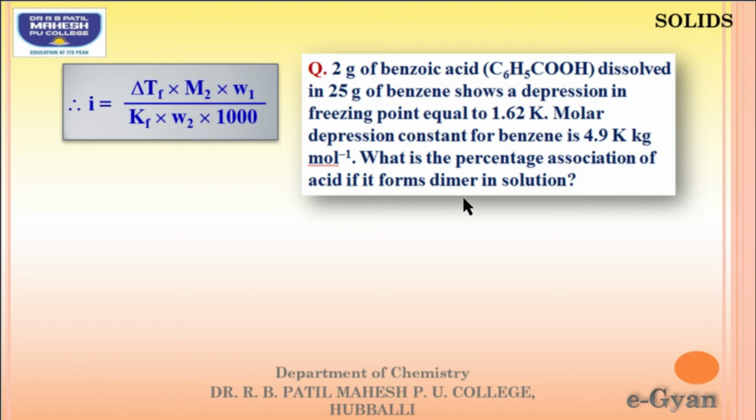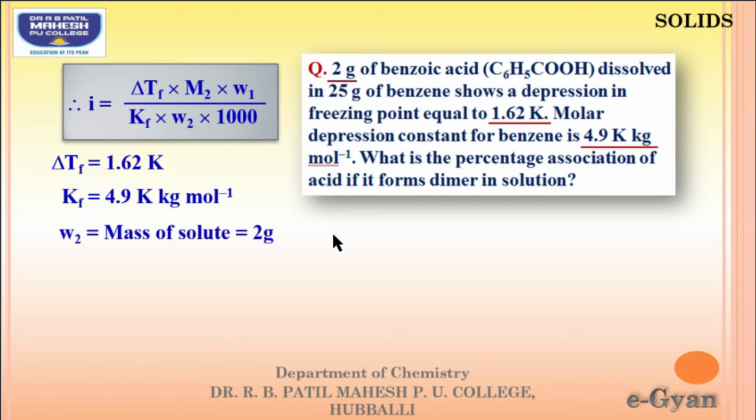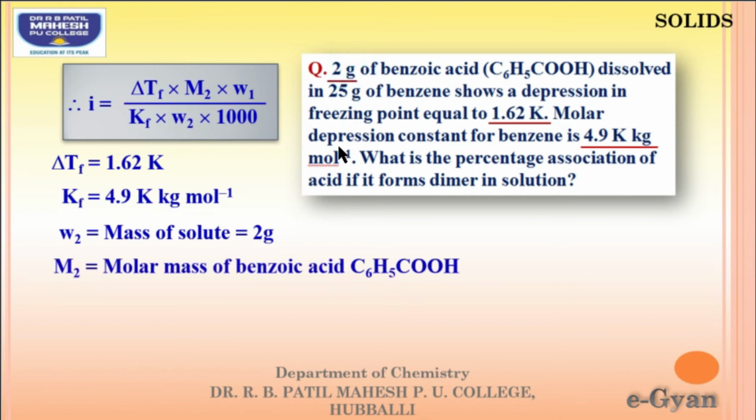So, 2 grams of benzoic acid is undergoing that same question. The delta Tf value given is 1.62 Kelvin. Kf value is 4.9 Kelvin kg per mole. Then the mass of the solute given is 2 gram. Let us calculate the molar mass of benzoic acid.